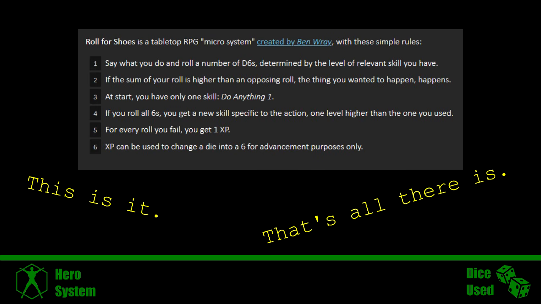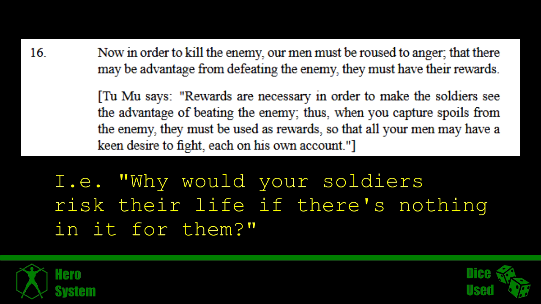The game Roll for Shoes is a good example of this, since the rules and character sheet for it can fit across both sides of a business card, but it hinges on knowing something about tabletop RPGs to work. All of this also reminds me of my favorite edition of Sun Tzu's Art of War. Not only was the original text translated, but so was commentary of those passages by various generals and scholars who have read it before this translation was made.